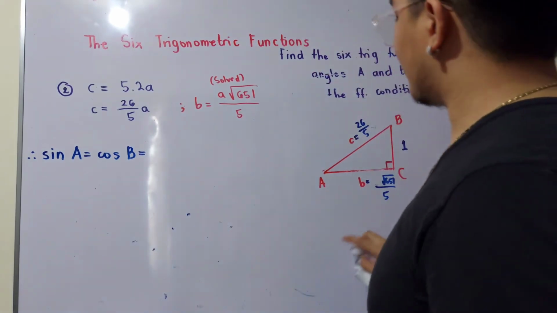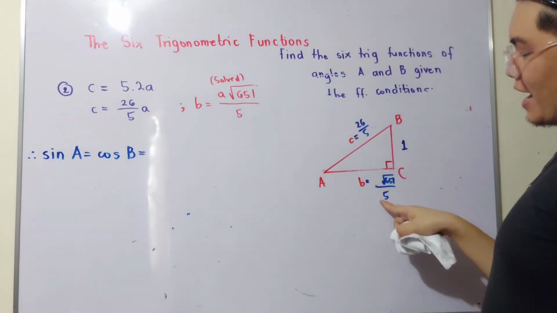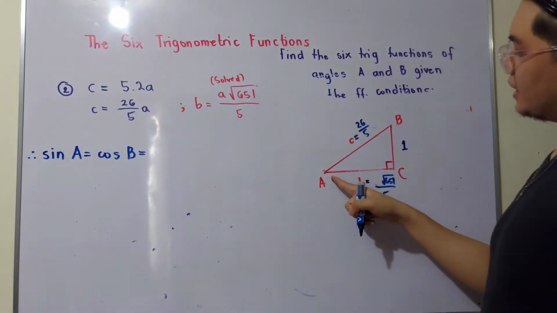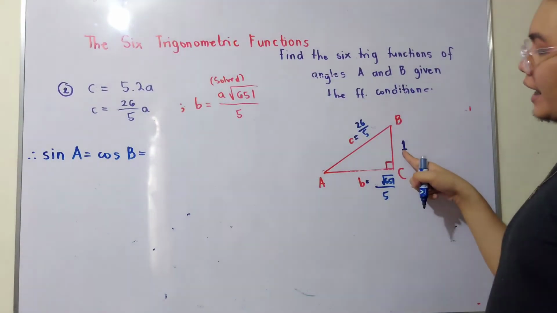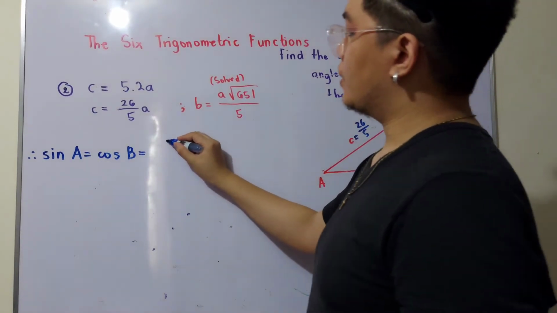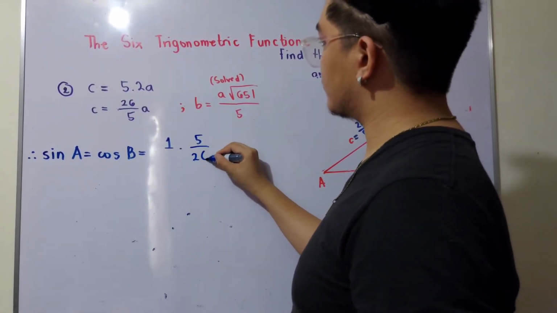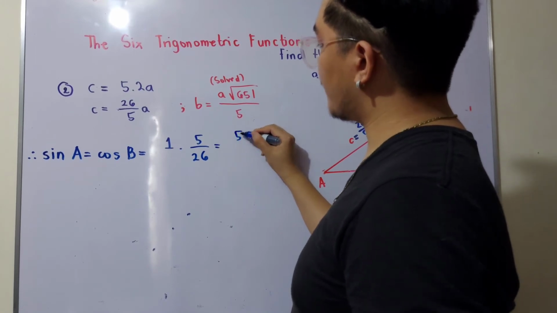Ayun na nga, meron na tayong values. 1, ayan. So, si sine A at cosine B, opposite ng sine A over hypotenuse. So, 1 times 5 over 26. So, that's 5 over 26.